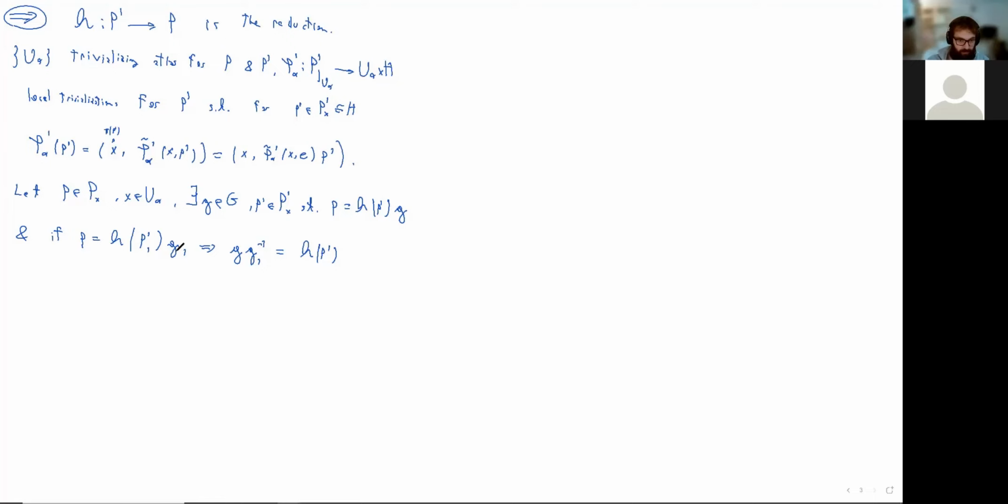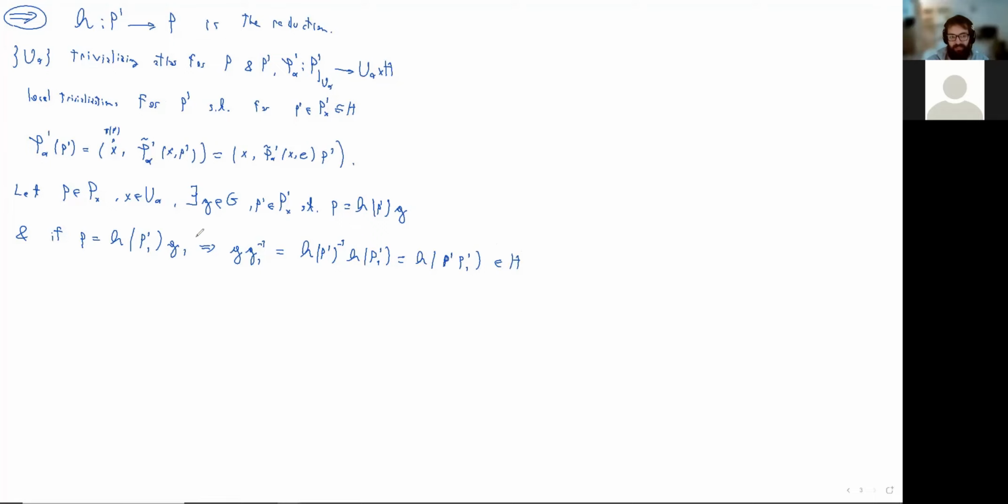And this g1 inverse, we again get p inverse, so they cancel out. And what you're left with is this. But this h is a morphism of principal bundles, so I can bring this inside. And then h was the reduction, so it means that this is an element of H.